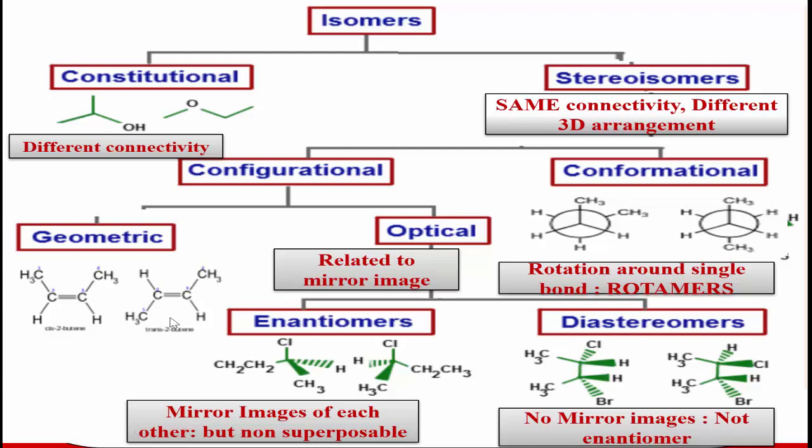The basic difference between geometrical and conformational isomers is that here there is a restriction in rotation, whereas in conformational isomers there is no restriction of rotation of the substituents around the carbon-carbon single bond. And geometrical isomers, that is cis and trans, possess different physico-chemical properties.